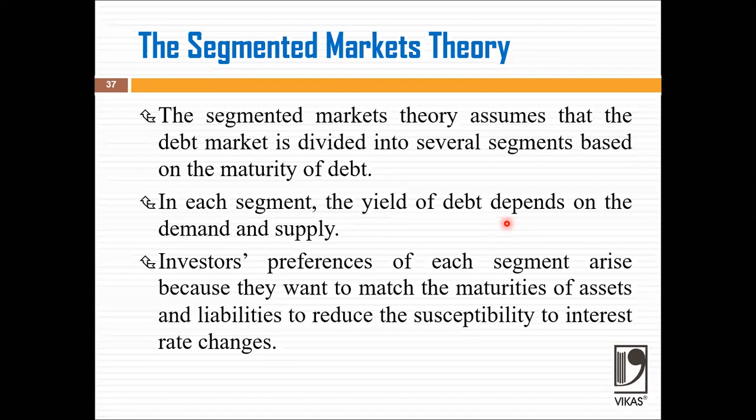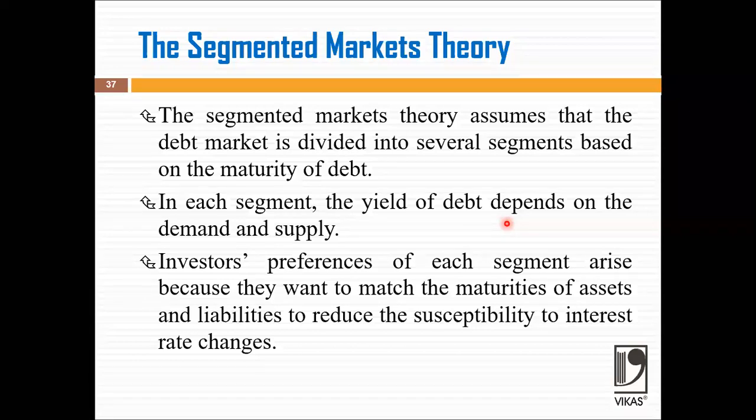In each segment, the yield of debt depends on demand and supply. If there are a lot of investors seeking short-term investment, the rate for that investment is reduced because there are a lot of investors.